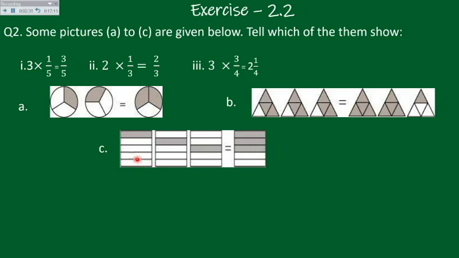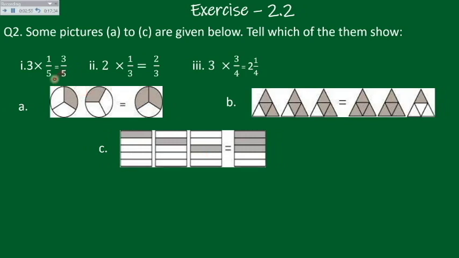So here only first matches with C. Why? Because this has 3 figures, 3 rectangles, out of which one part is shaded. Okay, and count the number of parts, 1, 2, 3, 4, 5. Total parts we have 5 in all.